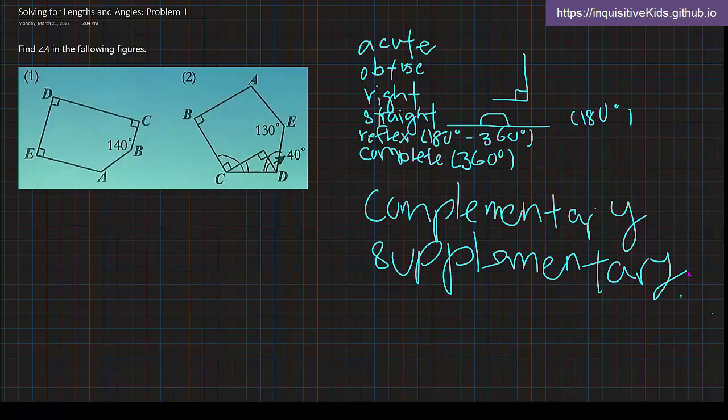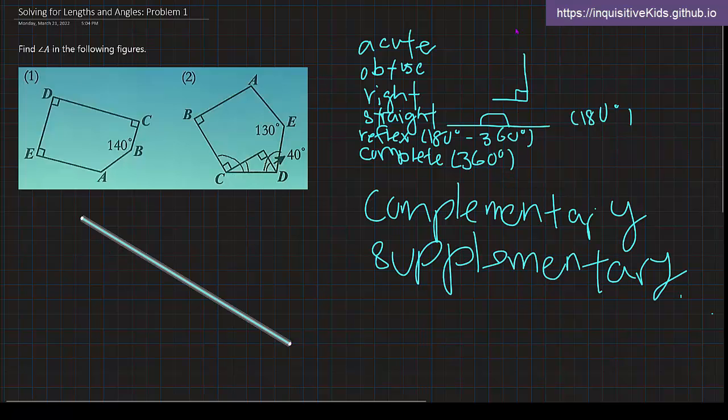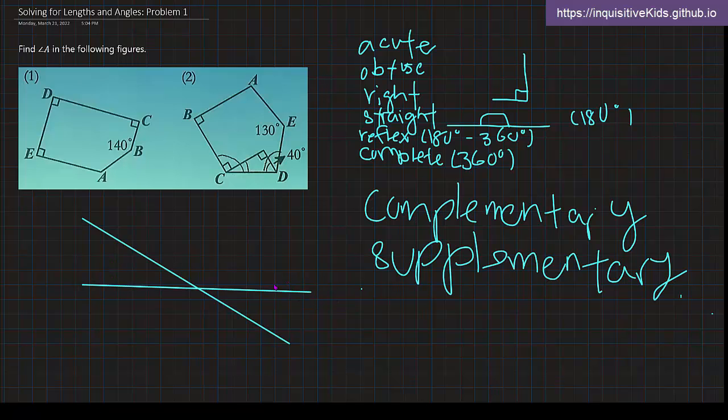And my final concept I want to go over right here is opposite angles, okay? So opposite angles, I should probably draw this out for you, are when there are two straight lines crossing somewhere, right? And right here, angle 1 and angle 2, and this is angle 3, and this is angle 4.